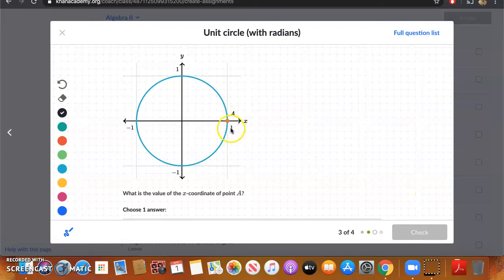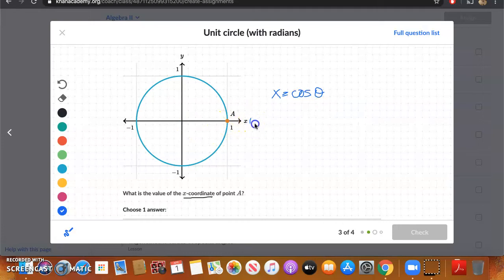Here, this one is pretty easy. It's much easier than the other one because it's sitting right at the positive x-axis, correct? So again, we want the x-coordinate. The x-coordinate is cosine of theta, right? Well, at this point, we know theta is 0.